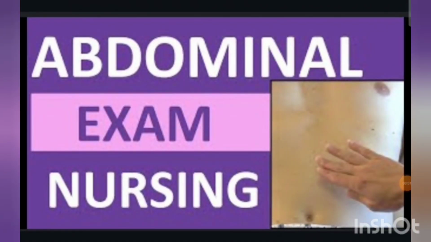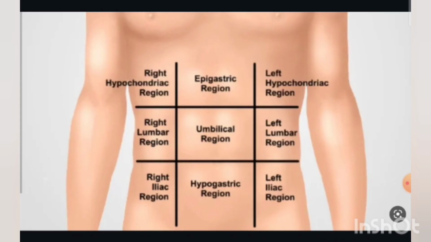Before we start explaining the topic, we should know the regions of the abdomen. It can be divided into 9 or 4 sections. This picture describes the 9 sections.